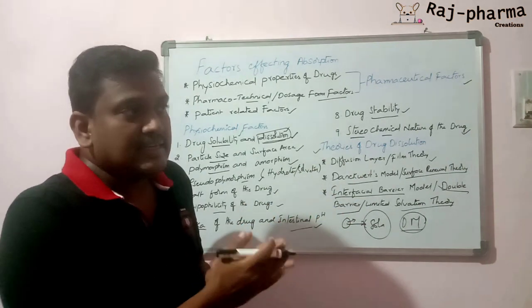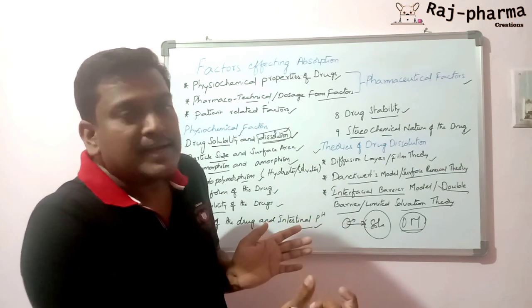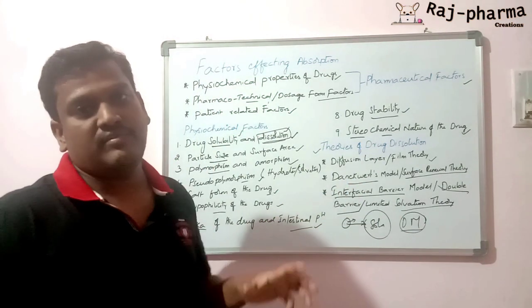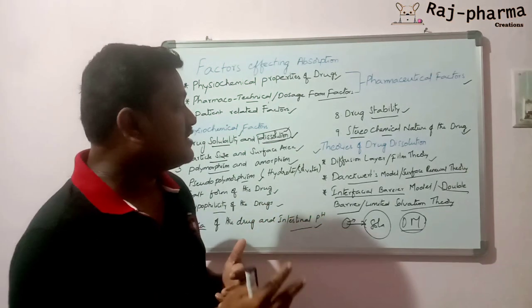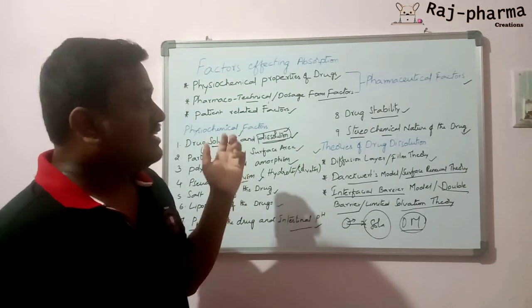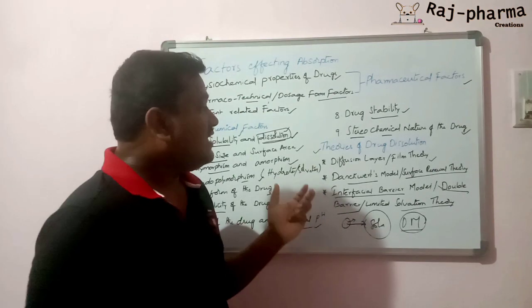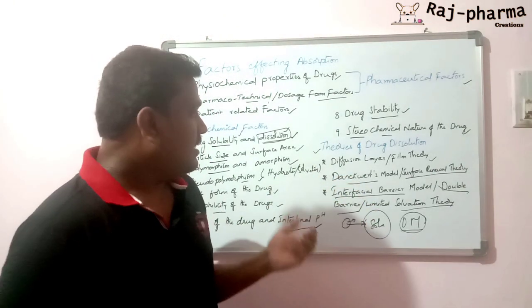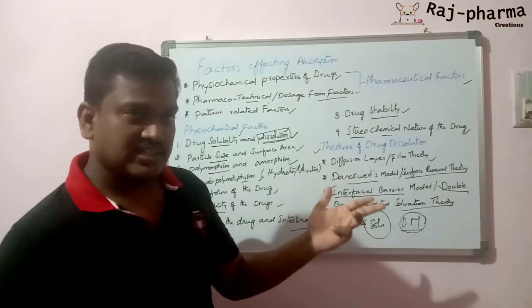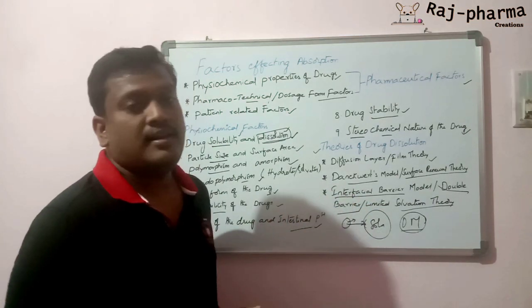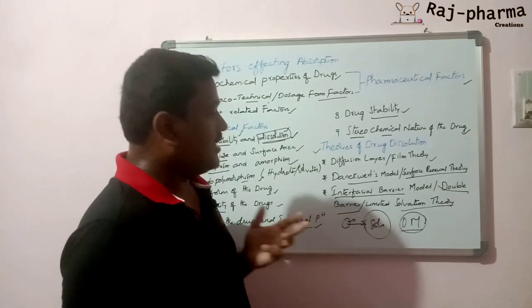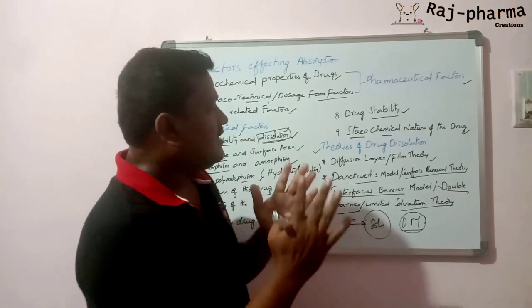How the drug is coming out of the tablet and mixing into the dissolution medium is very, very important. For understanding the concept, there are three assumptions by scientists, that is, theories of drug dissolution: the diffusion layer or film theory, the Danckwerts model or surface renewal theory, and the interfacial barrier model, or double barrier model and limited solvation theory.